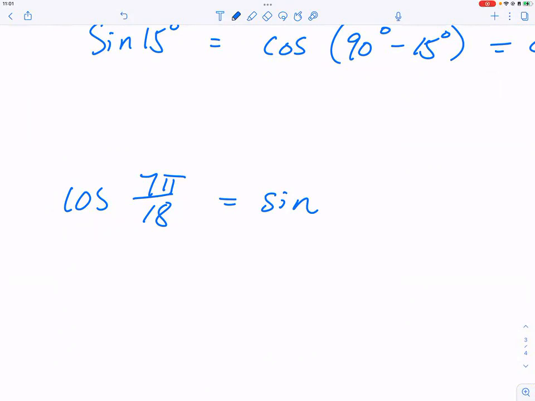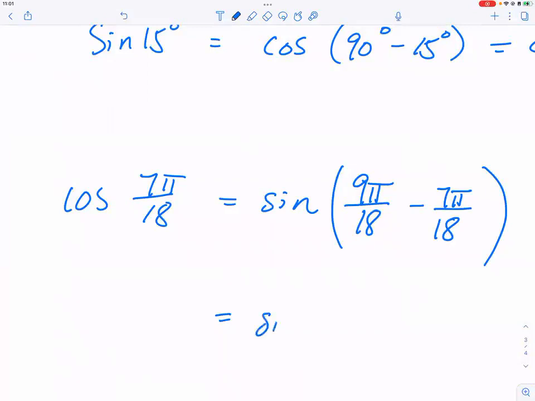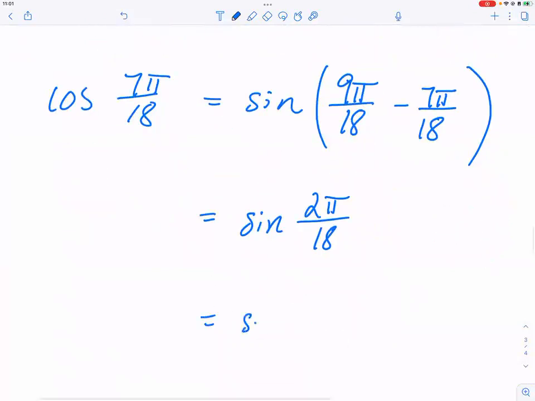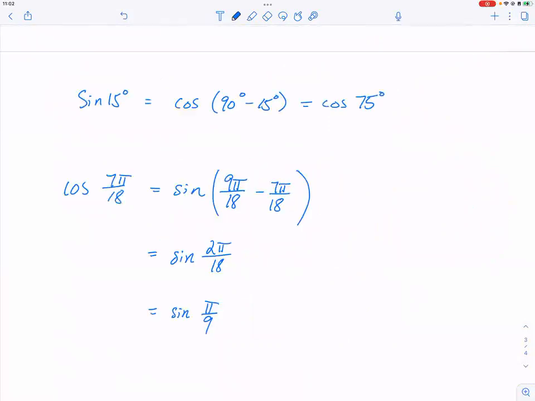Cosine of 7 pi over 18 is the same as sine of pi over 2 minus 7 pi over 18, which is sine of 2 pi over 18, which is the same thing as sine of pi over 9. Okay? So keep that in mind.